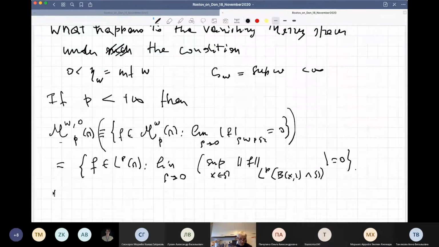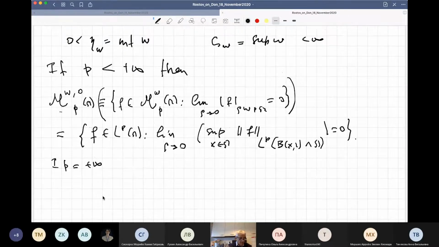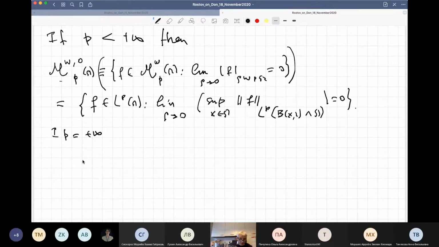And instead, if p is infinity, the space is trivial. Then we have that the Morrey W0 plus infinity, or p here because p is infinity, is equal to the trivial space of 0.